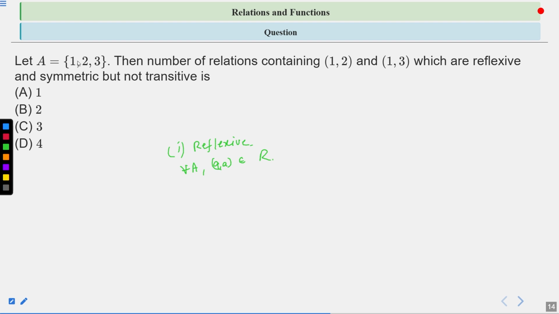That is, suppose we have set {1, 2, 3}. So (1, 1), (2, 2) and (3, 3) must be there, right? Clear? So (1, 1), (2, 2) and (3, 3) must be there for the relation to be reflexive.